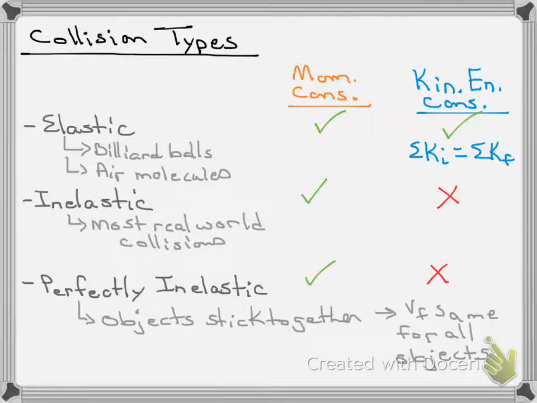And this is really convenient. It decreases the number of things we have to have information about. So hopefully from the exercise that you did on Tuesday with the simulation, you discovered that kinetic energy was only conserved in elastic collisions.